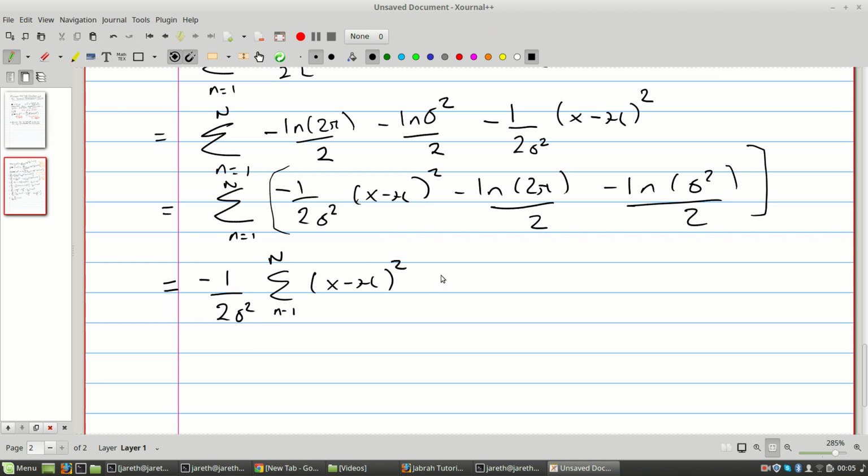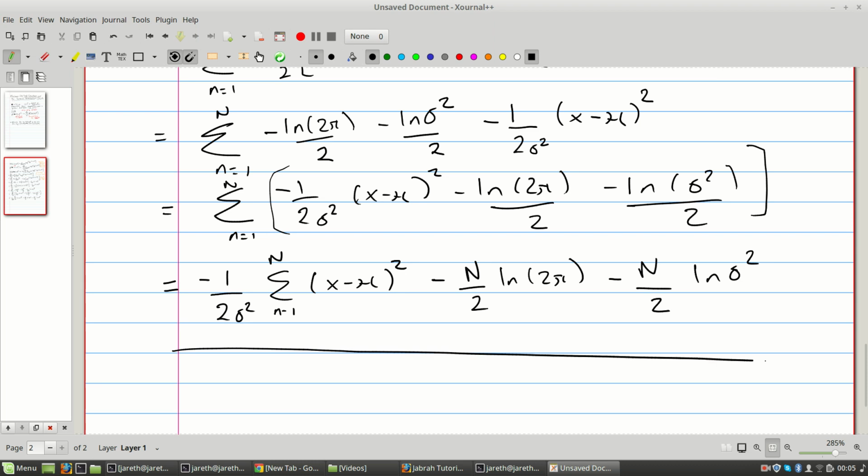And the next term is this one: minus ln 2 pi over 2, but we're summing it n times. So this is minus n over 2 ln 2 pi. Same for this term: minus n over 2 ln sigma squared, right?